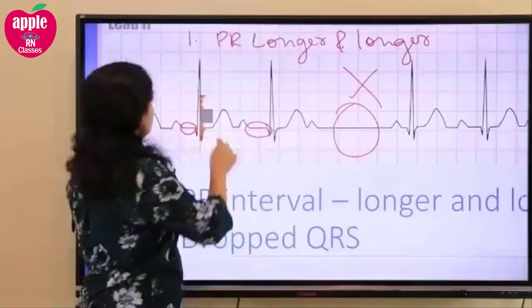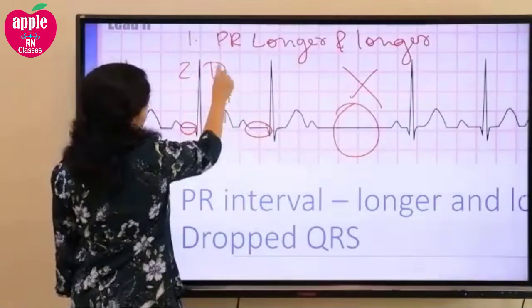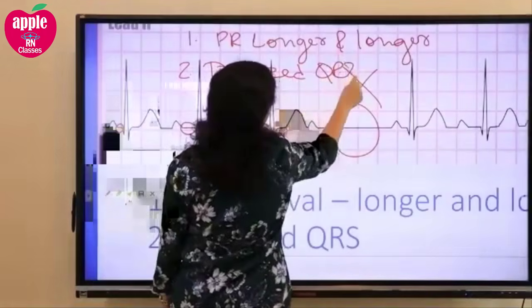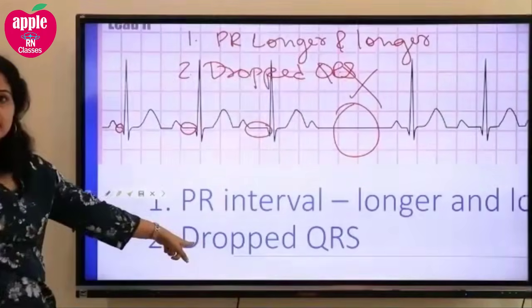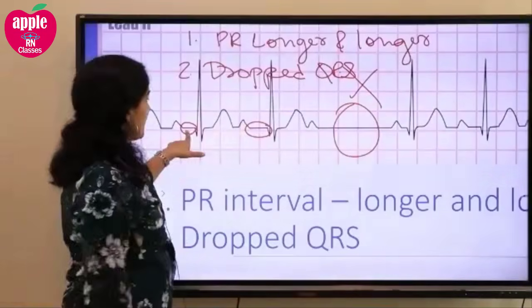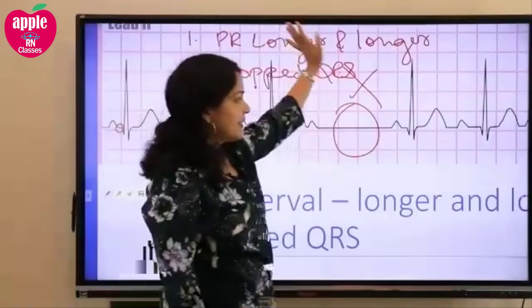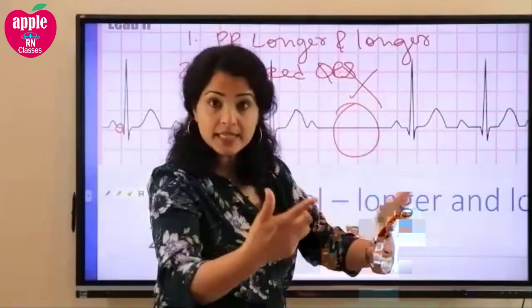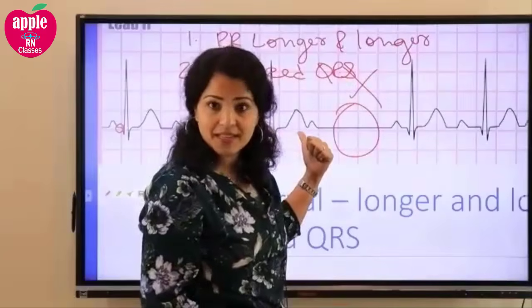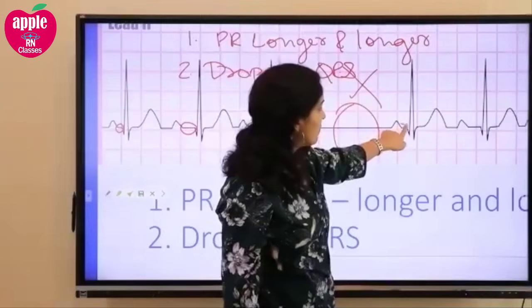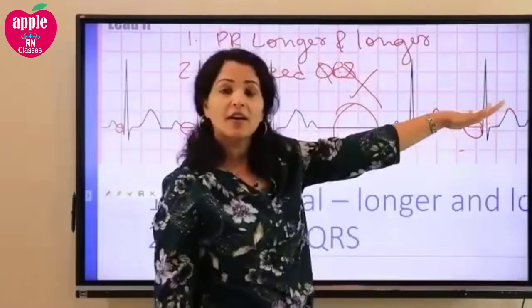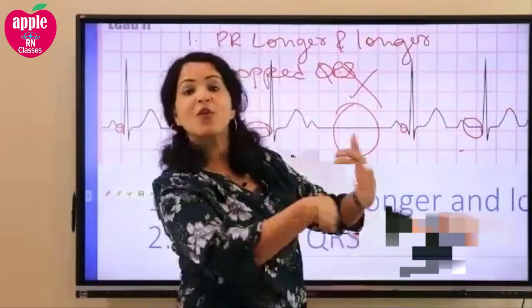So there will be a dropped QRS. Okay, I think it's written here too. So PR interval getting longer and then no QRS. And then again in the next beat, it goes back to the same scenario. Like here, if you look, PR interval, then it's getting longer, then it will be even longer, and then it will drop. So that's how it's going to go.